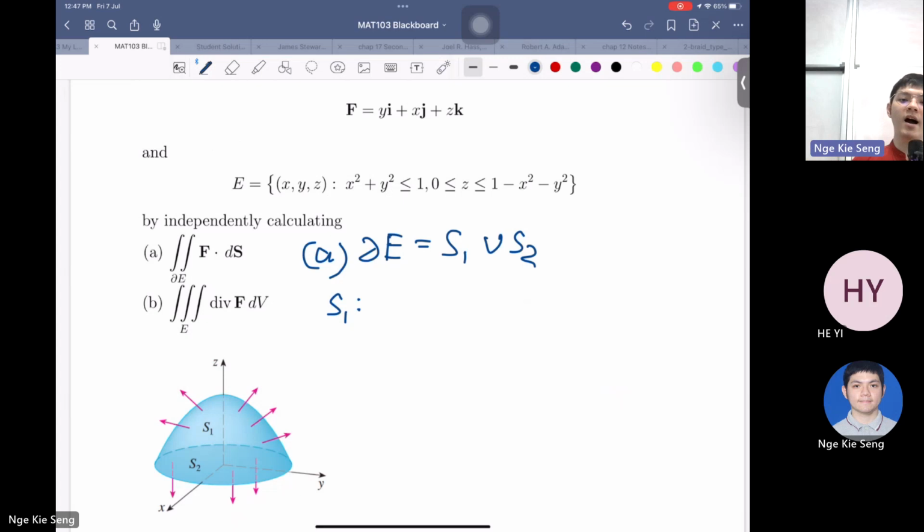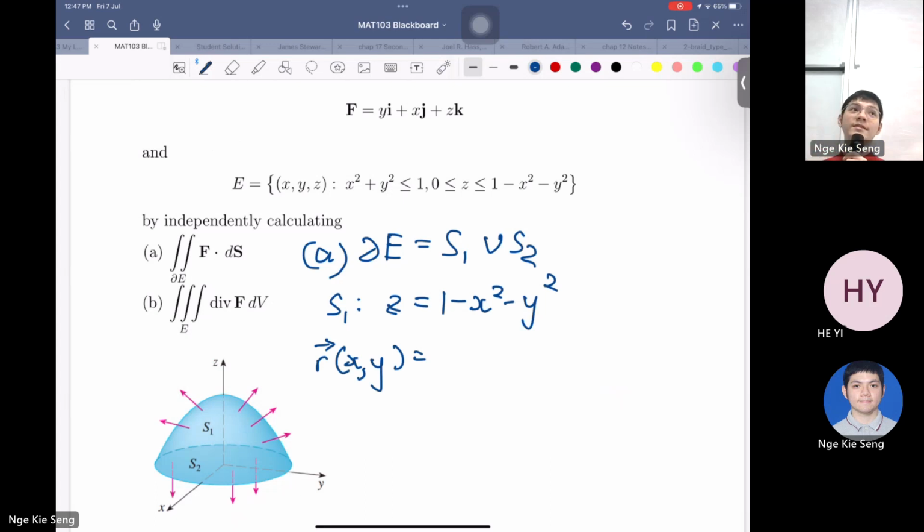For the first one, how do we describe this? This is a function that satisfies z equals 1 minus x squared minus y squared. So how do we write down the parameterized surface? This is equal to (x, y, 1 minus x squared minus y squared), because this is a particular function z equals f(x, y). How do we give the domain?